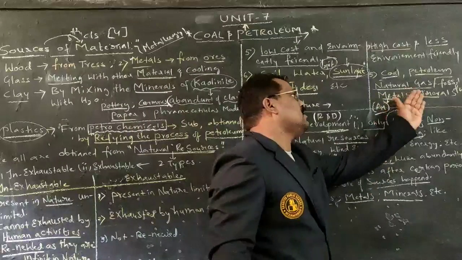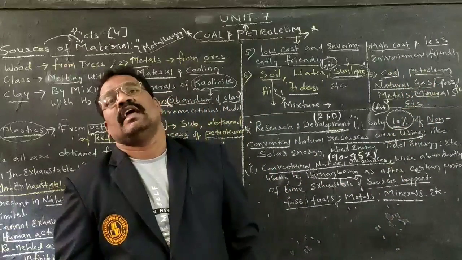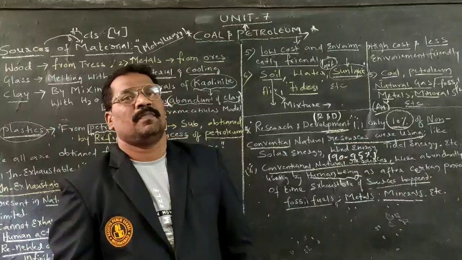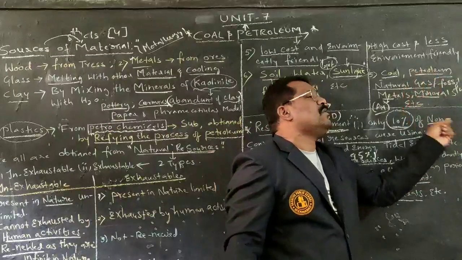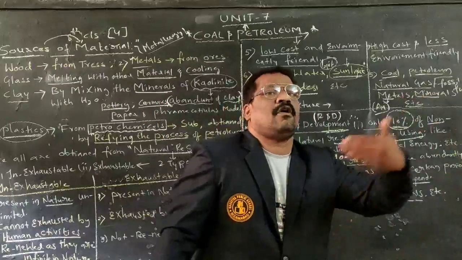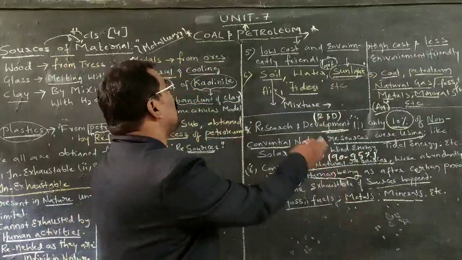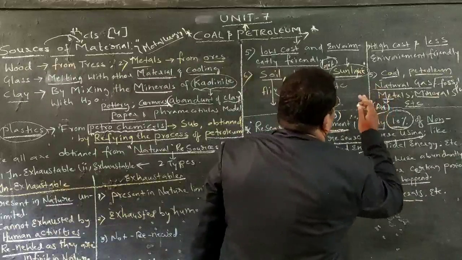Not only that, metals as well as minerals are also examples of exhaustible resources. How these fossil fuels are produced, we'll discuss later as the classes continue. This is about inexhaustible and exhaustible natural resources.